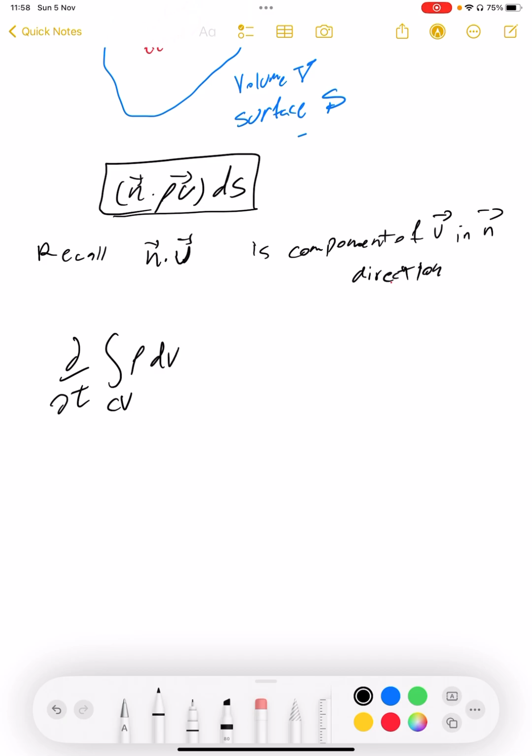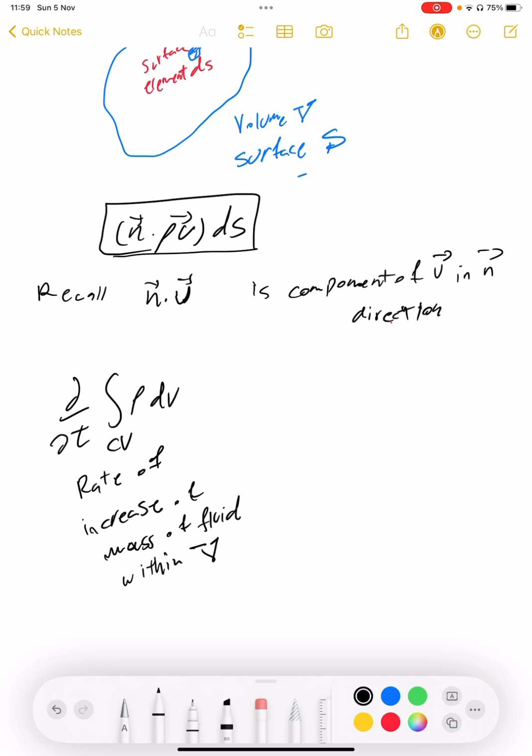So density I integrate inside my control volume, and how it's changing in time. So this is giving me the rate of increase of mass of fluid within my control volume V.